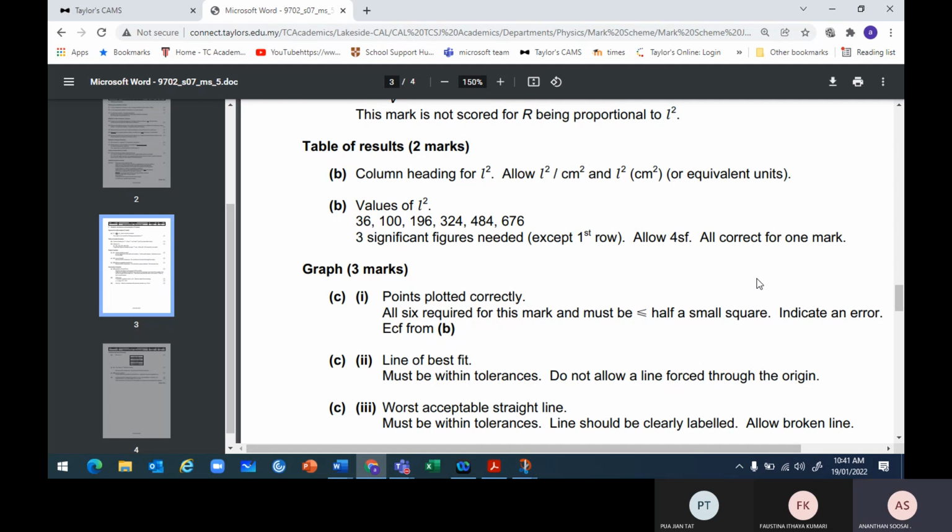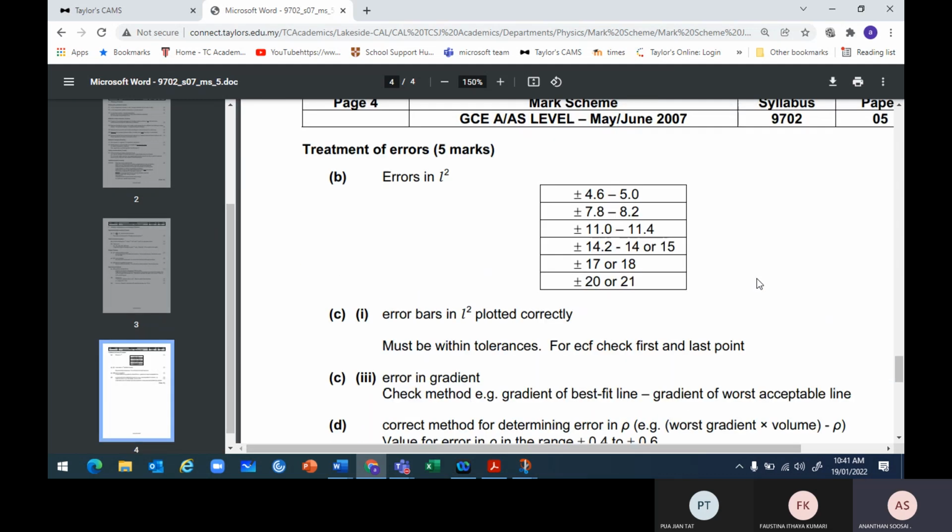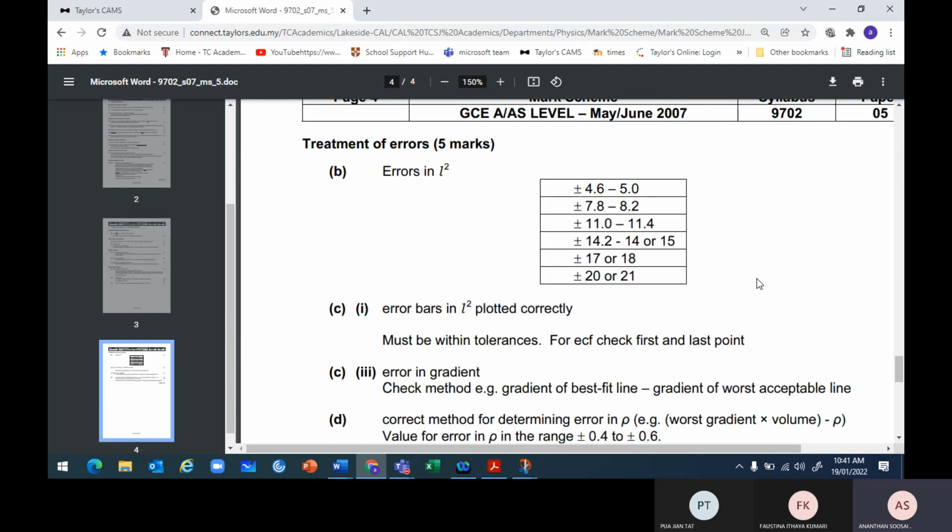Okay, so before we plot graph, I show you the error. The important thing is the error. Do you get these values? For errors, do you get this? They give two choices between 4.6 to 5, because two methods can be used.